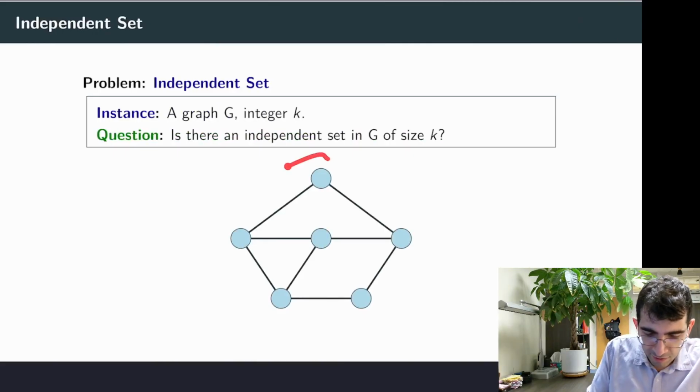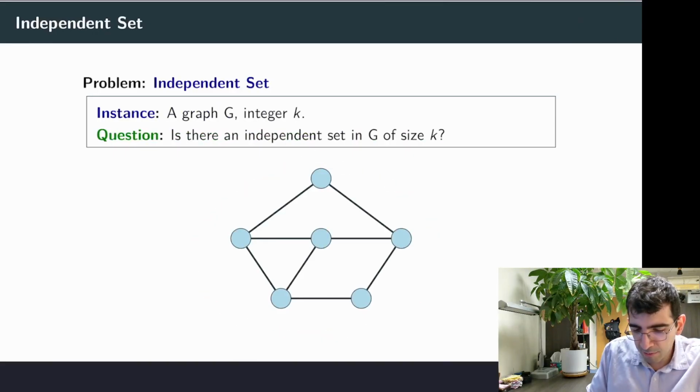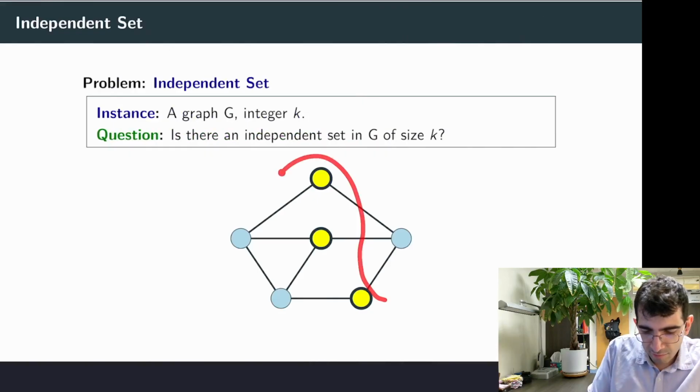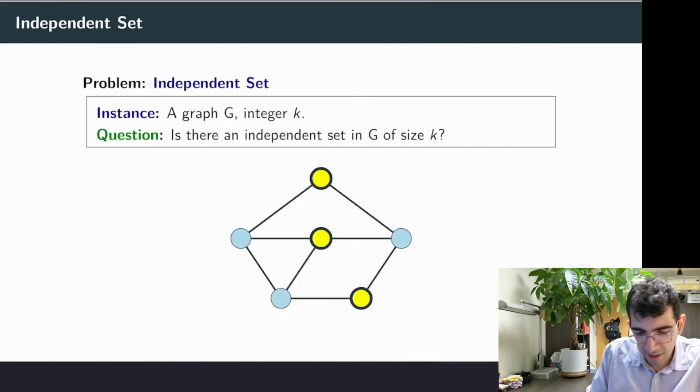So as a result, this was our motivating example, and we had a 3-vertex independent set. It isn't our only independent set, but it is the maximum size independent set. I want to say, yep, maximum size independent set.